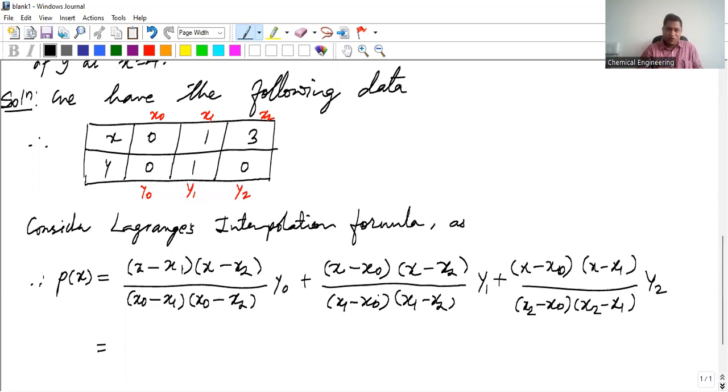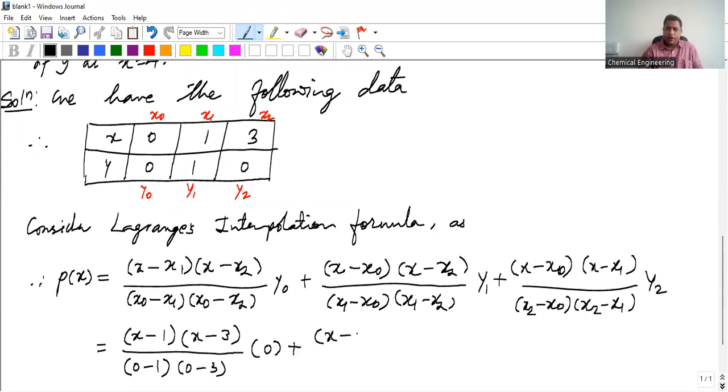So this term will be 0, this term will be 0. So we have to think of this term only. But we'll write the values for understanding. So x minus x1, that is 1. x minus x2, that is 3. Here we have x0. x0 is 0. So it is 0 minus 1, 0 minus 3, and y0 is 0, plus x minus 0, x minus 3, and here we have this x1.